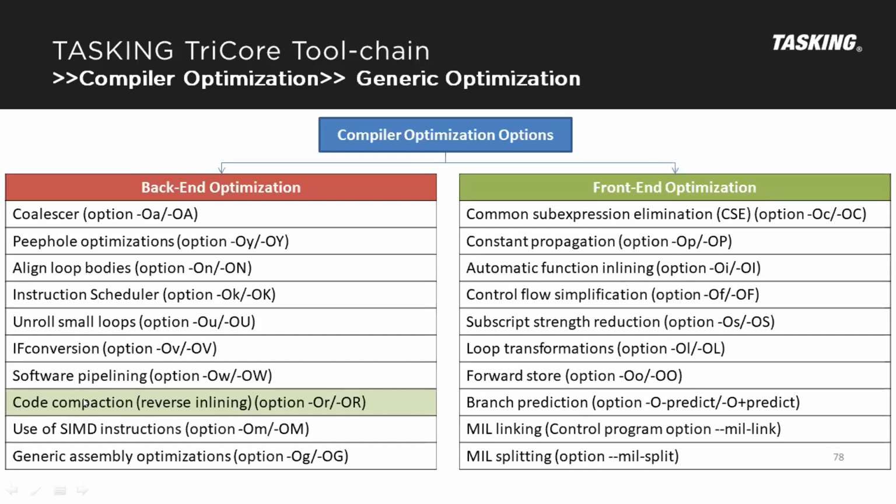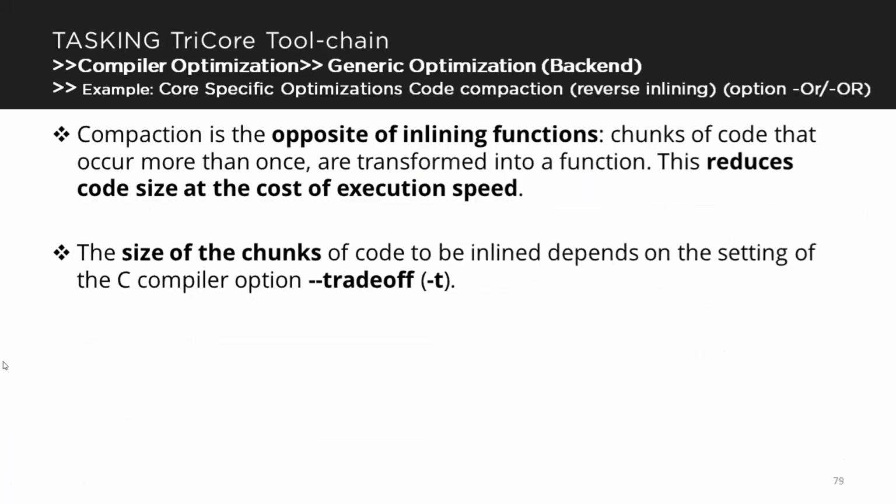Code compaction means I found instances of code that are replicated in more than one place in my application, so I will take all these instances, put them in a function, and every time I need this code, I will call the function and return back.